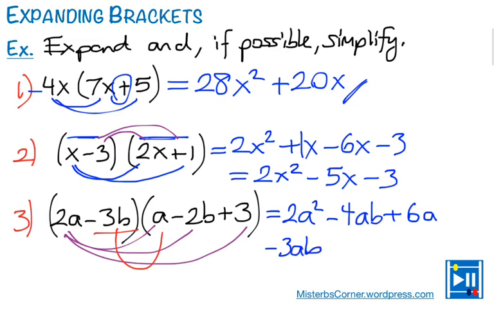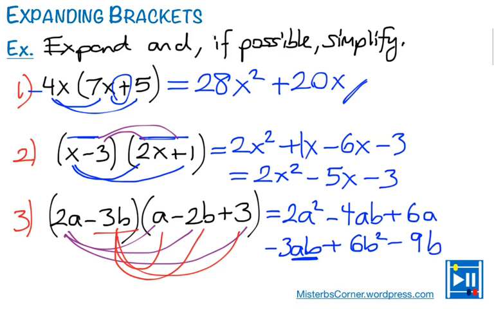Now, although I have 3b here multiplied by a, I prefer to write them in alphabetical order, not BA, but AB, right? And then it is minus 3b times minus 2b, which will be plus 6b squared. And last but not least, minus 3b times 3 is minus 9b.